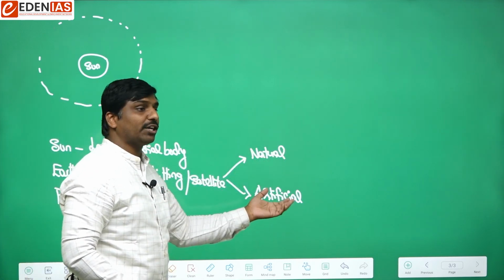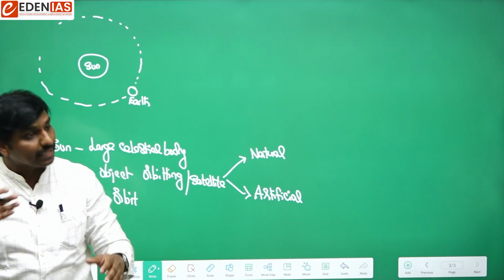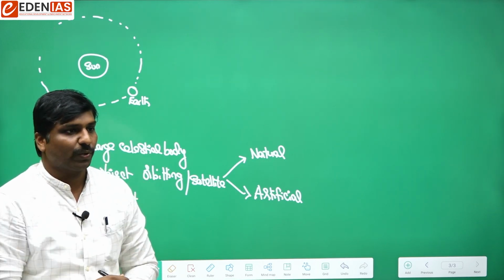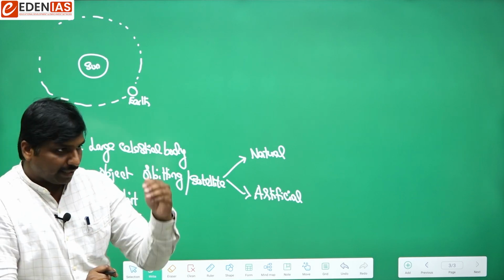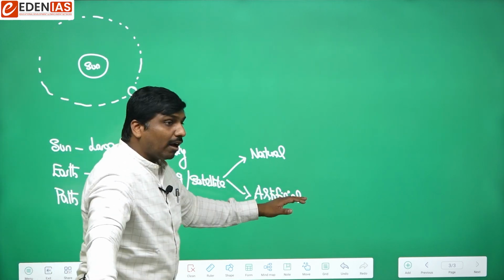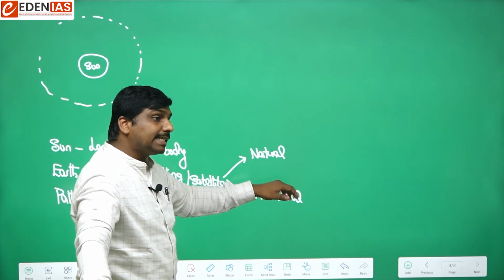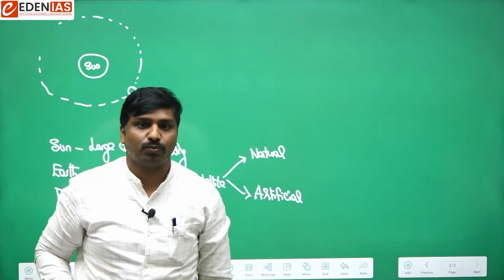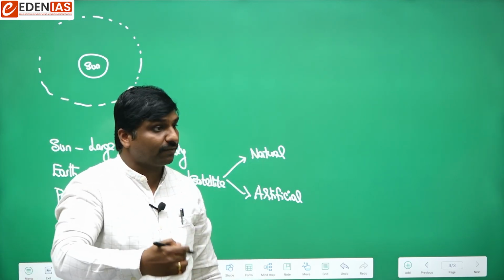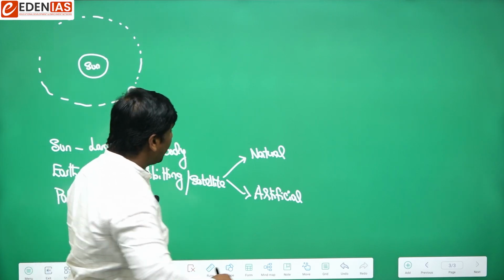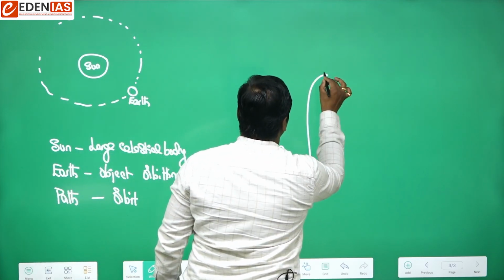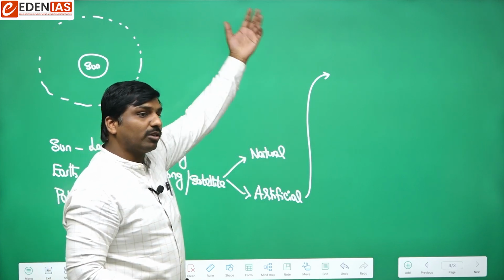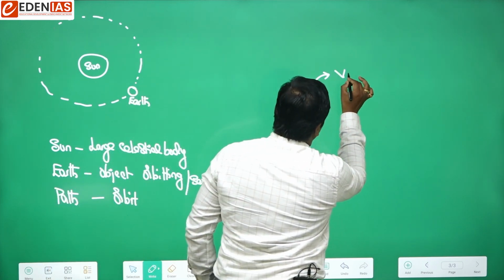In a similar fashion, we will have some artificial satellites that we send to space for various purposes. Now assume that an artificial satellite has to be sent to space. Then there should be a vehicle that will carry it from Earth's surface to outer space. So remember that this artificial satellite would be carried to outer space by a vehicle.